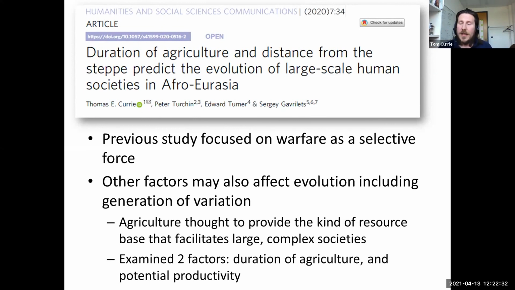So the idea here is that if agriculture has been going for longer in different parts of the world, there's basically been more time for larger scale societies to develop, independent of anything to do with differences in warfare intensity, and then also potential productivity. It might be the case that more productive environments are more conducive to larger scale societies. So these are hypotheses that need to be tested.